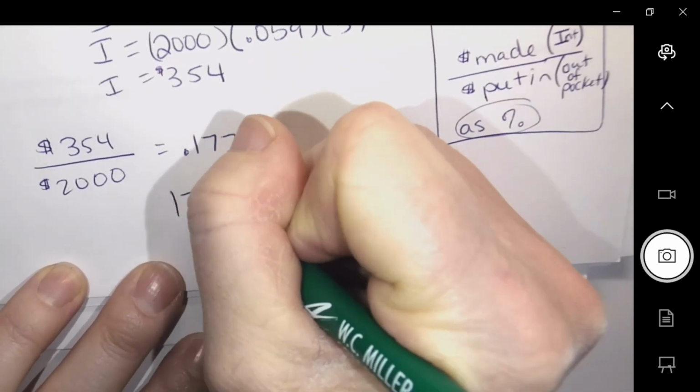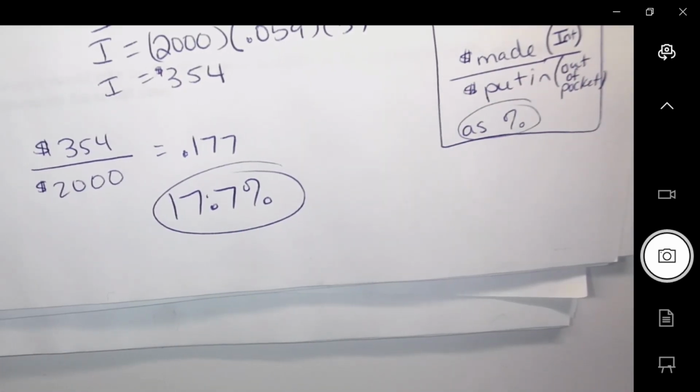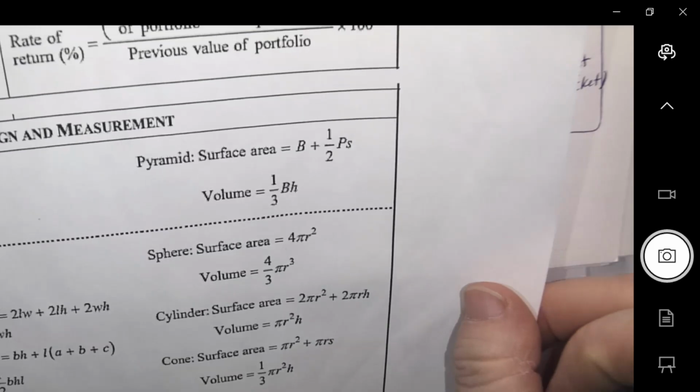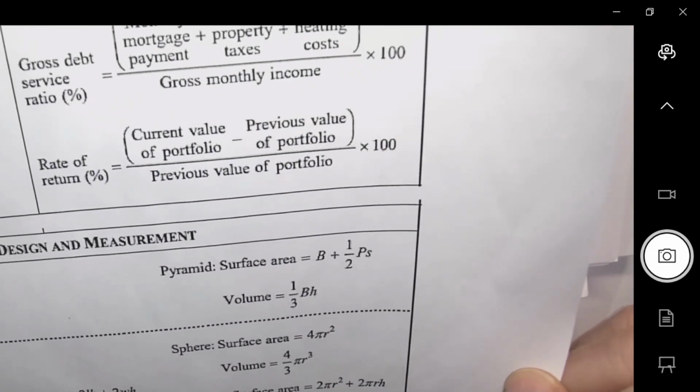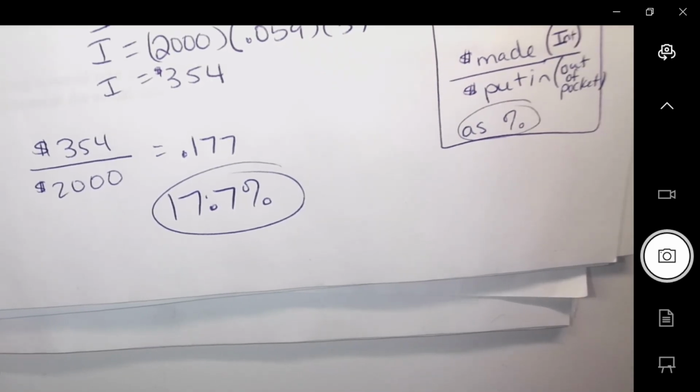So 17.7% return. Okay, there's obviously going to be a rate of return question somewhere on your exam, so just making sure, write down whatever you want for there, because you would have this provided, but if you don't like that formula, write yourself some kind of word formula.